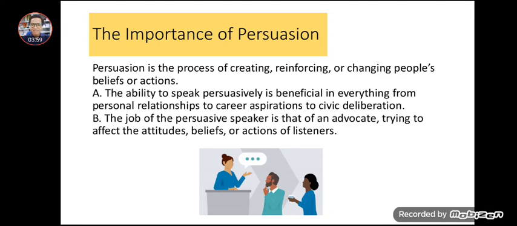So the ability to persuade others is so important because we want them to change. We want them to reinforce their beliefs or actions and so on.